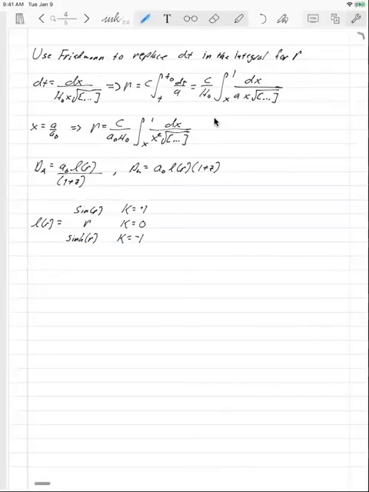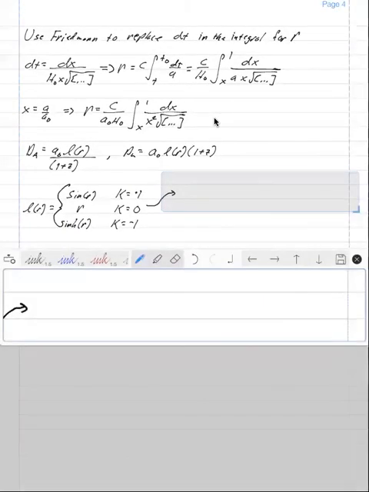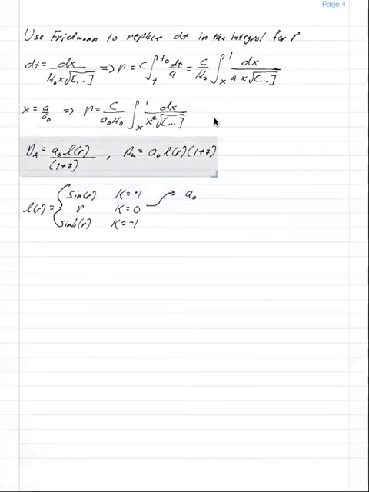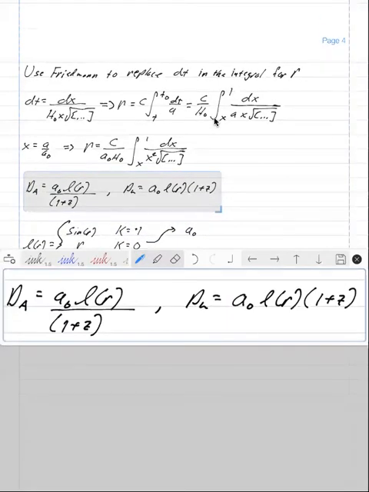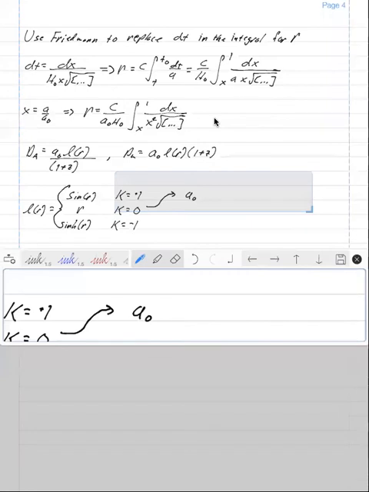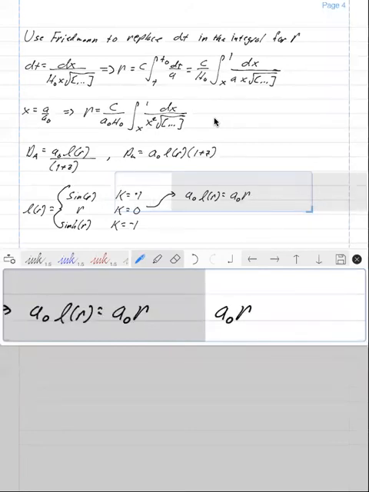Let's put a little squiggly bracket here. All right, the case in which L of r is equal to r, the one in the middle in which k is equal to 0, let me do that one first. So in either the angular diameter distance or the luminosity distance, we have a of 0 times L of r, which is equal to a of 0 times r.